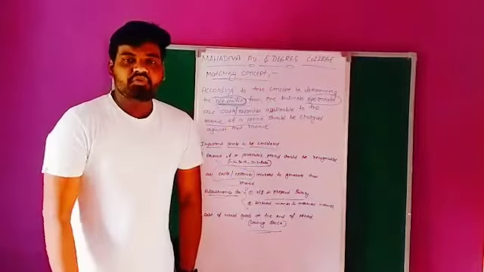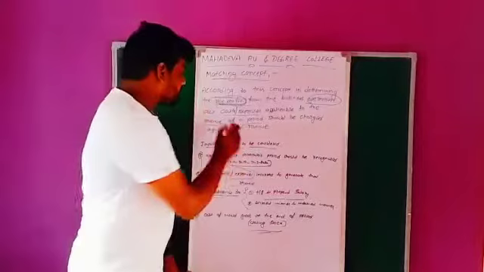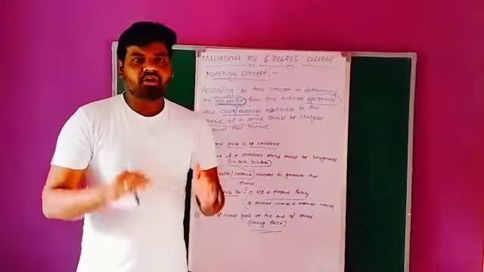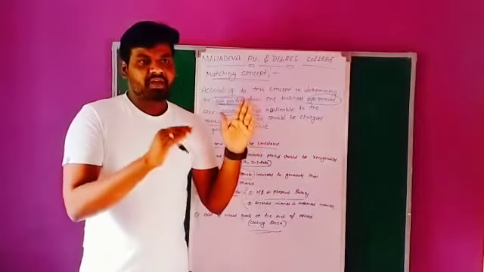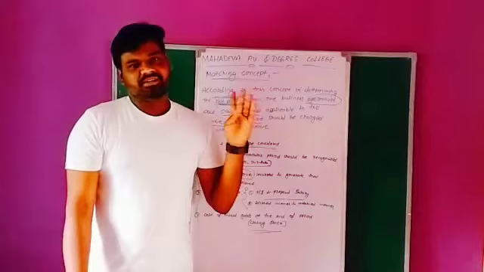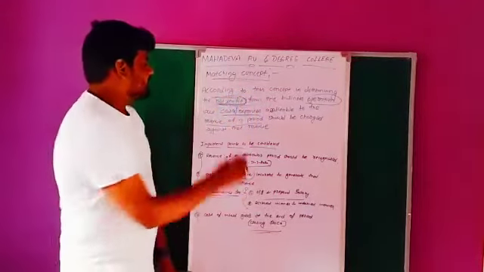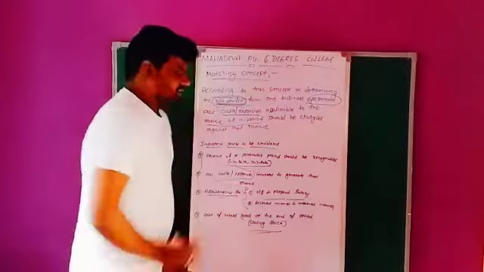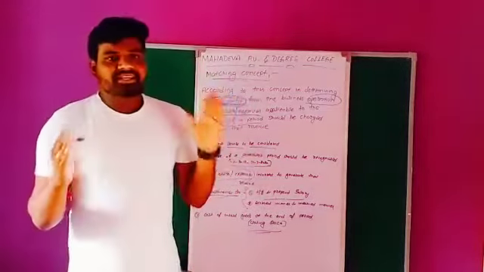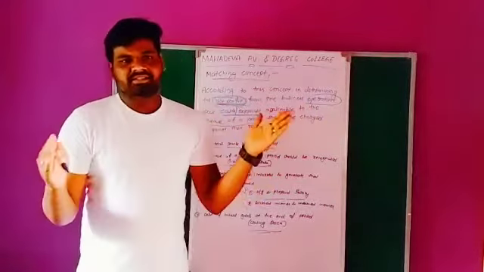Whatever revenue we have earned, out of that revenue we need to discharge all the expenses as well as costs. I mean we need to deduct. After deducting all the expenses, the final balance we can consider as net profit during the year. So this matching concept is matching the revenues as well as expenses.